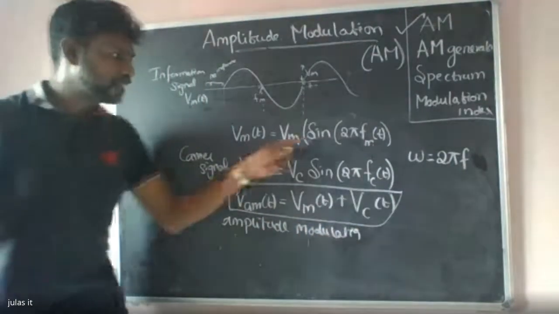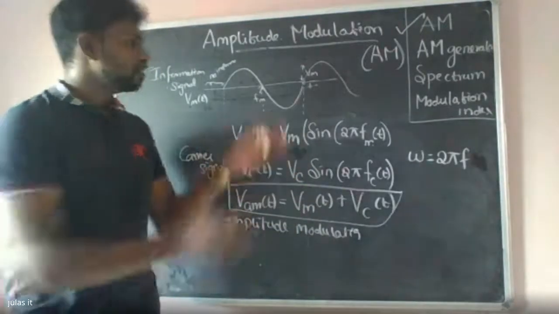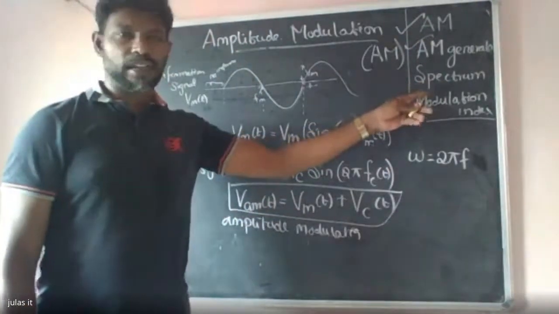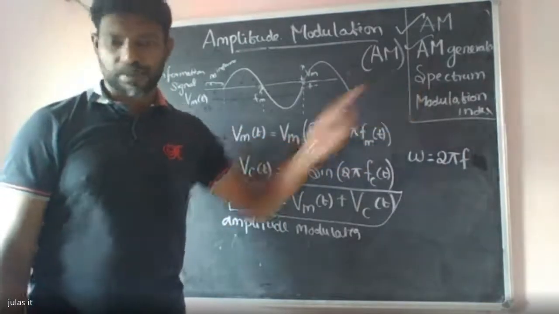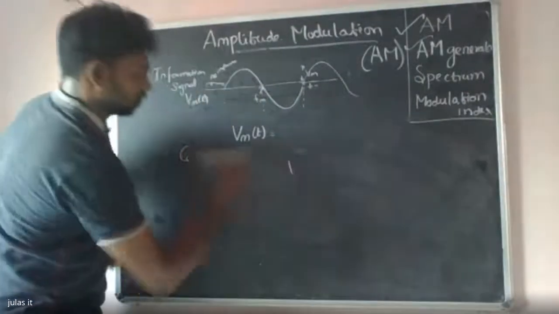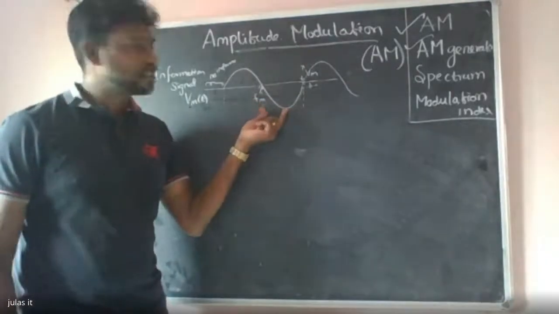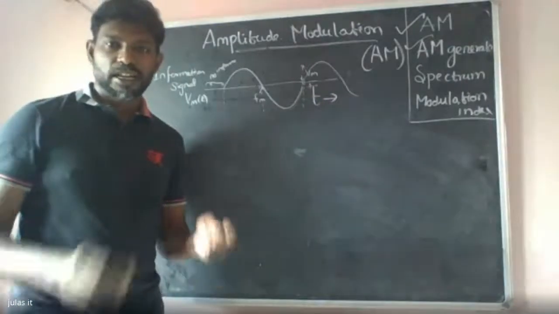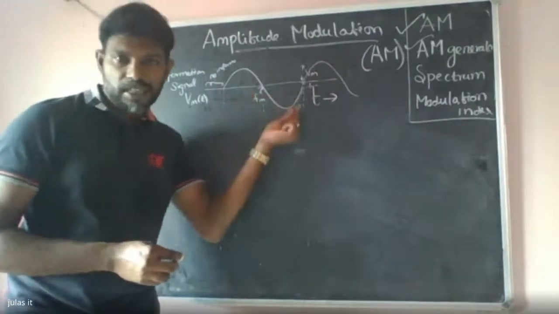If we substitute this, we can see it in the later part of the subject, right? With this I have finished AM and the AM generator. Next I am going to two other topics, and I will try to finish them as soon as possible. Next one is the spectrum. Whenever we see, a signal is represented in the time domain, with the x-axis based on time, for 1 second or 2 milliseconds, like that.